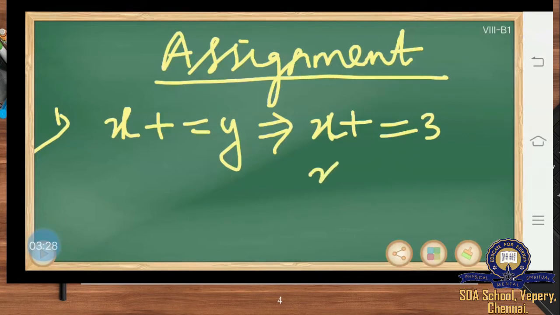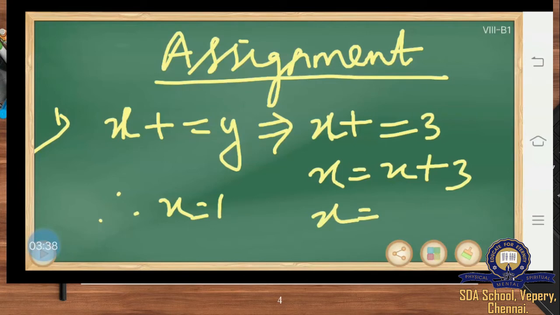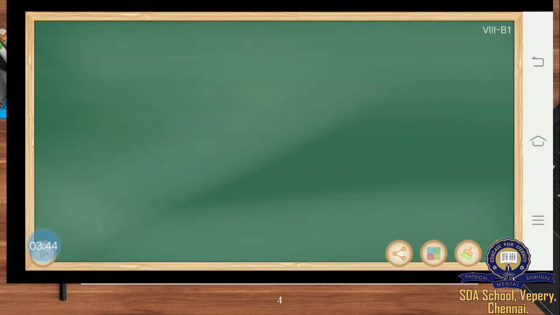For example, x plus equal to 3 can also be written as x equal to x plus 3. Once it is written as x equal to x plus 3, I have to substitute the value for x. Now I am assigning x equal to 1. Therefore, x equal to 1 plus 3 gives me 4. This is all about the assignment operator.